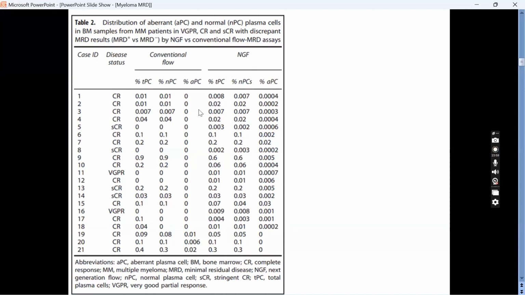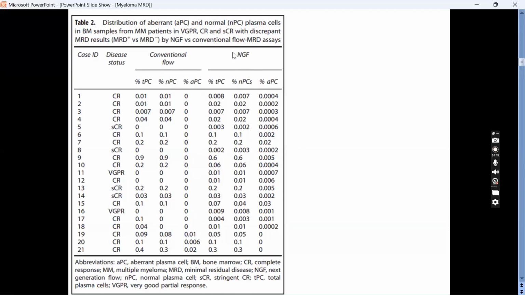So if you call this MRD negative with conventional flow, in these patients there are still some neoplastic plasma cells which may cause relapse of the disease. So that is the use of doing next generation flow compared to the conventional flow.